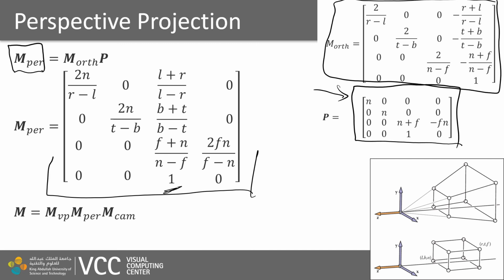So if we want to perform the viewing transformation with the perspective projection, we can simply use the camera transformation as it was before, then the perspective projection matrix, and the viewport transformation matrix, which completes the viewing transformation complex.